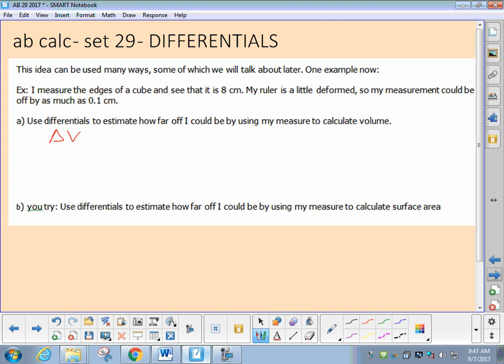You follow? Now, here's where the differential comes in. This is approximately equal to, instead of delta V, I'm going to use dV. Okay, that's the differential.